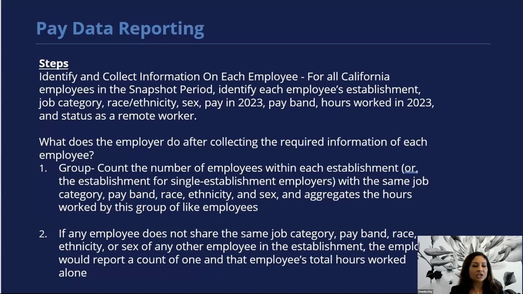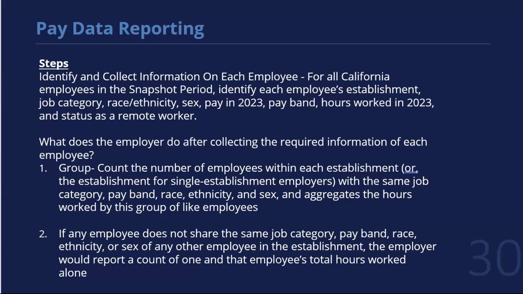If an employee does not share the same job category, pay band, race, ethnicity with the other employees in the establishment, then you would count the one employee and you would just count that particular employee's information for that job category.